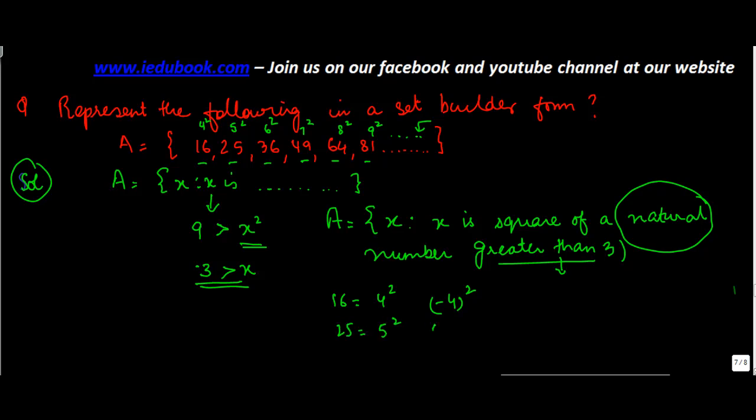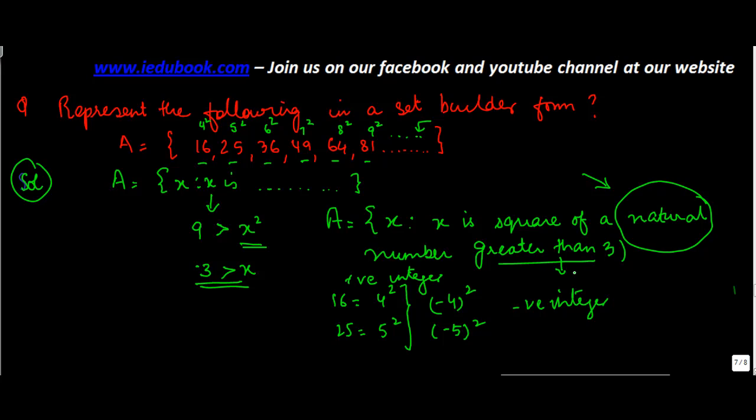Similarly, 25 can be written as 5 square or -5 whole square. So you can't write that x is a positive integer or a negative integer. So you can very clearly define this as a natural number.